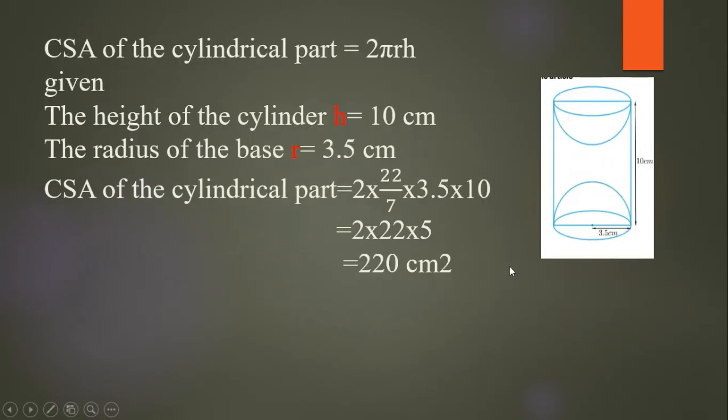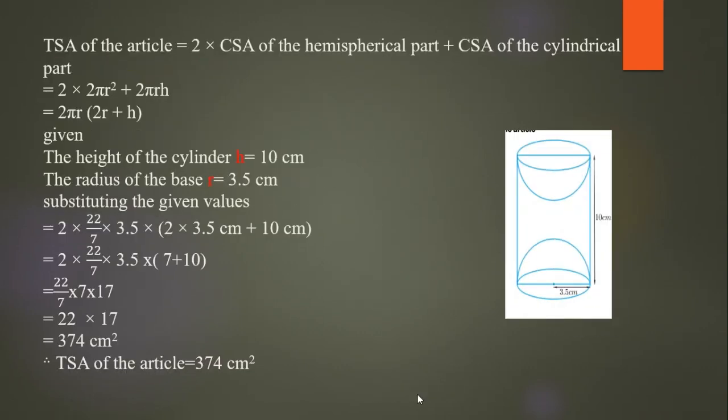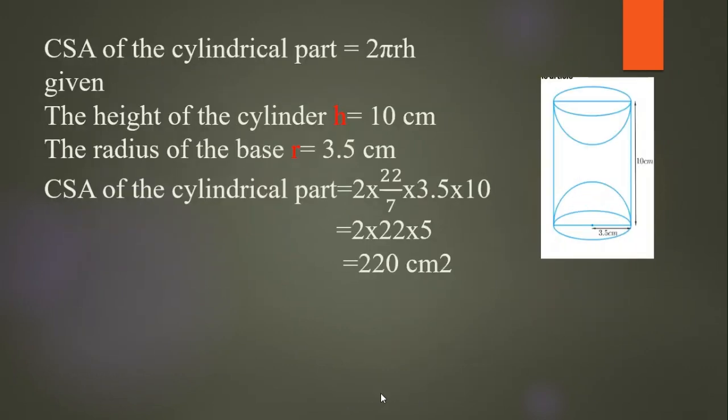This is only the curved surface area of two hemispheres here. And individually I calculated the curved surface area of the cylindrical part also. So for the cylindrical part, 2 pi r h, I substituted the values. Finally, the curved surface area of the cylindrical part is 220 square centimeters. So I have calculated the curved surface area of the cylindrical part and hemispherical part individually, and according to our conclusion, we need to add both of them.